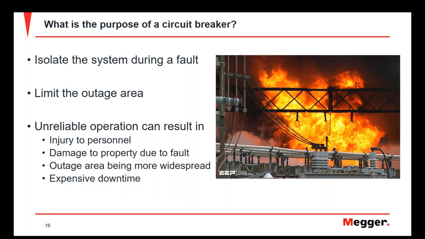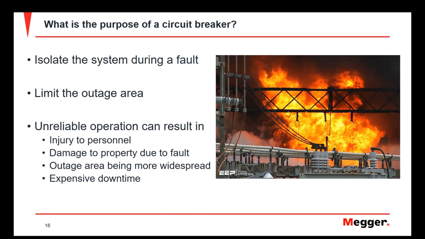So whenever we discuss circuit breakers, what's its purpose in a power distribution system? Well, we want it to be able to isolate a fault in your power distribution system whenever they occur. And the biggest reason that we want this is to limit any damage that it might do to the system whenever you have that fault condition occur. But also it's going to limit the outage area or sectionalize that part of the system so that you don't have more of your operation impacted by that fault.